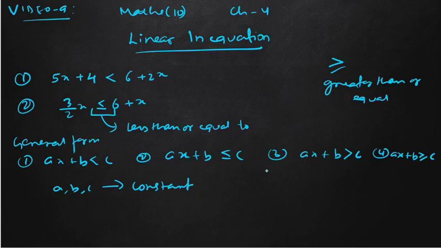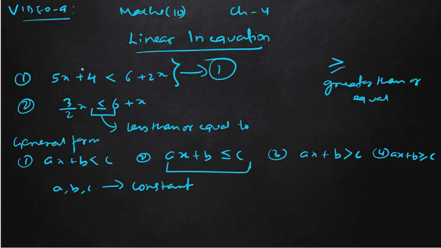Okay, so after knowing this, to satisfy this condition, suppose we take one example, maybe like this one. So to satisfy this condition, we will put some value of x.